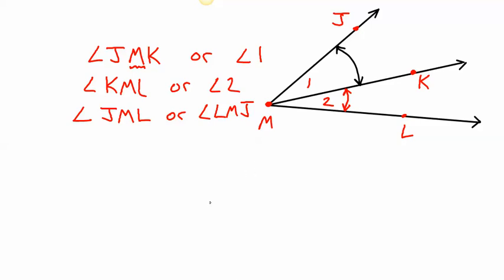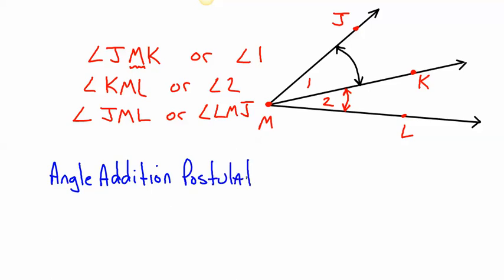Now, while we're here and we have this diagram up here, we're going to talk about the angle addition postulate. And the angle addition postulate is like the segment addition postulate that we talked about last week.